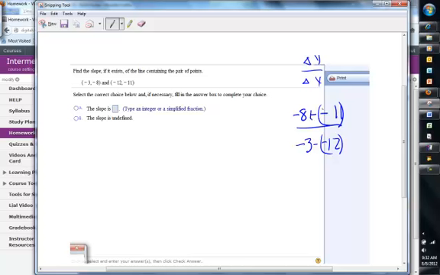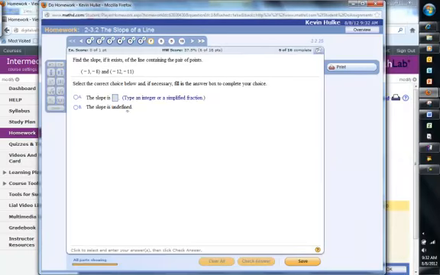This is the same as plus. So negative 8 plus 11 is 3. Negative 3 plus 12 is 9. Simplify that, you get 1/3. The slope is fraction 1/3.